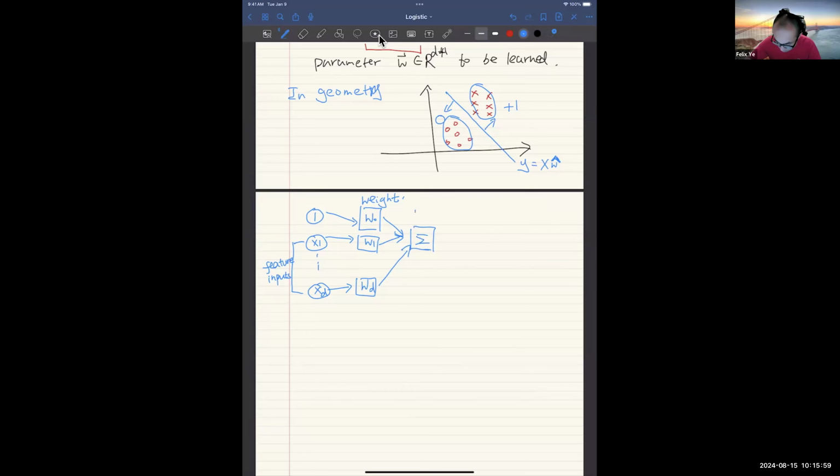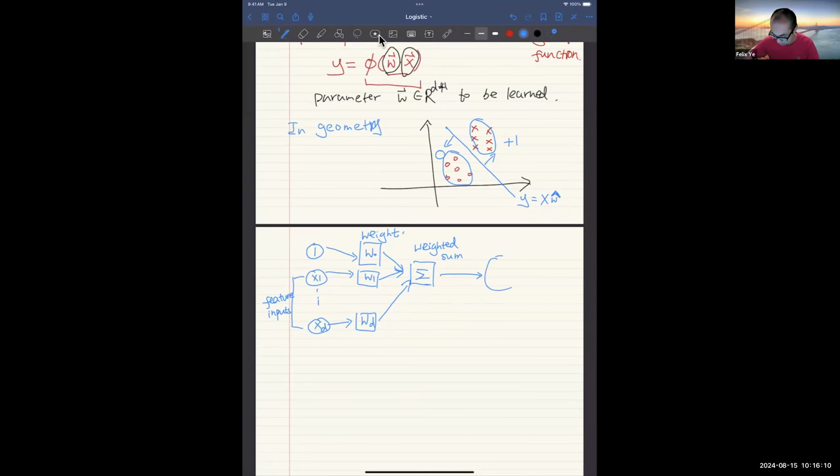It's like a weighted sum. Then apply the step function. Everything beyond 0 is 1. Everything below 0 is 0. This is the step function, and this will be the output. It's either 0 or 1.